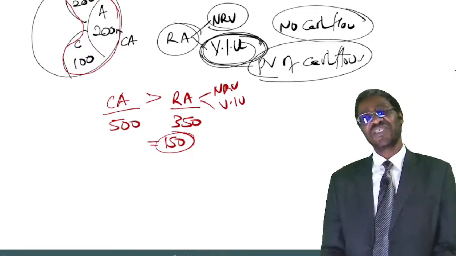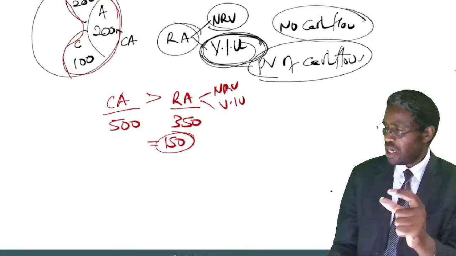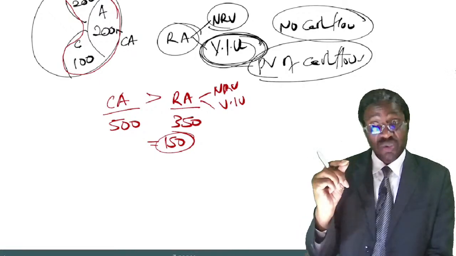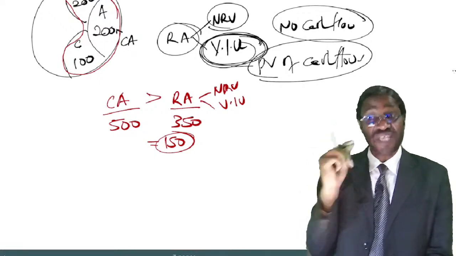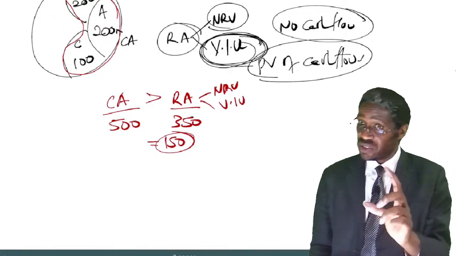Good. Now the question is, how do you allocate this 150 to the assets in the unit?